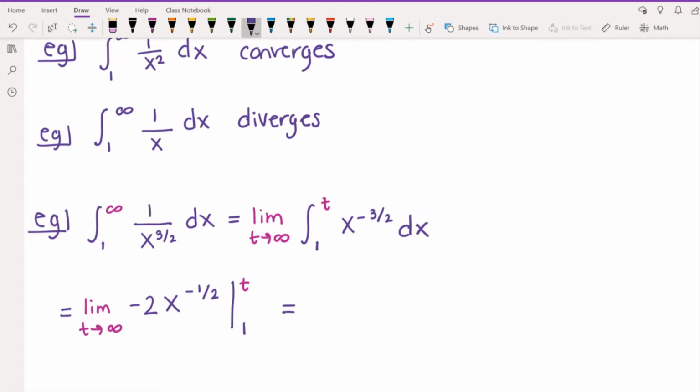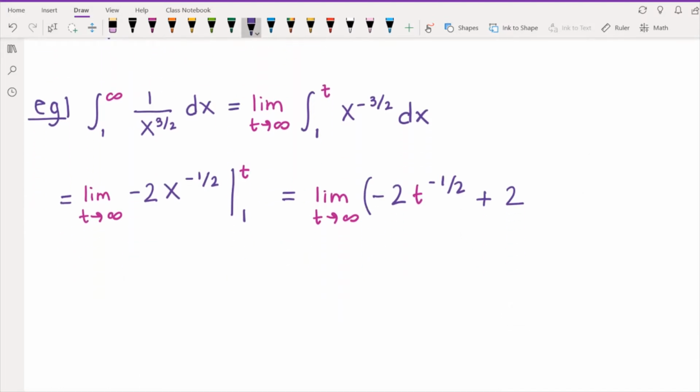So we have the limit as t approaches infinity of negative 2 t to the negative 1/2 minus, but then it will become a plus, right? Because we have a negative again. And then we have 2 times 1 to the negative 1/2, which is just 1. So we just have 2.